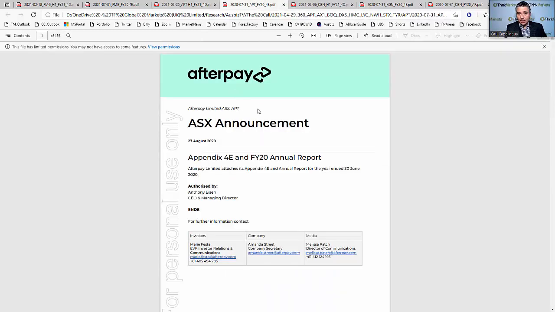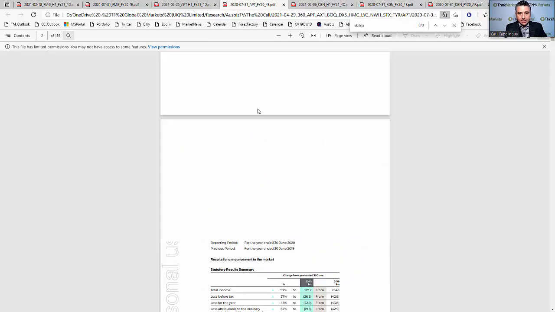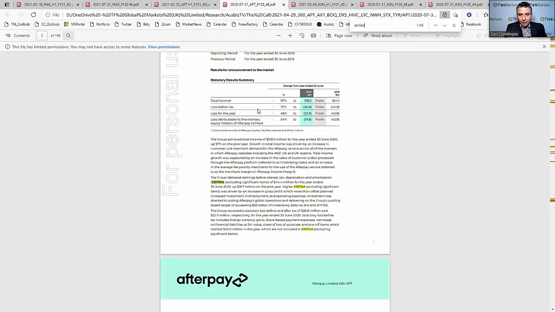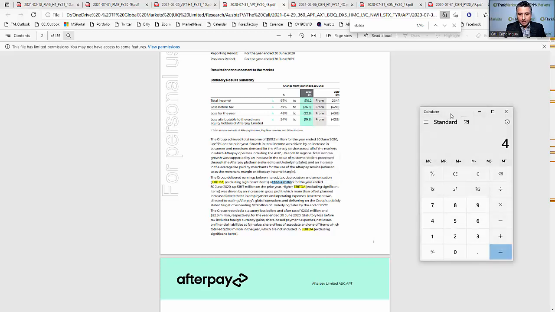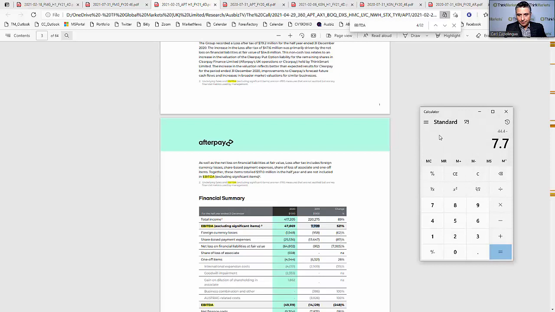To do that, we're going to search for EBITDA in the full year report, and that will show 44.4 million. We get our trusty pocket calculator out, 44.4 minus 7.7, and we get 36.69 as EBITDA for the second half. Now we can get an idea of our growth rate.